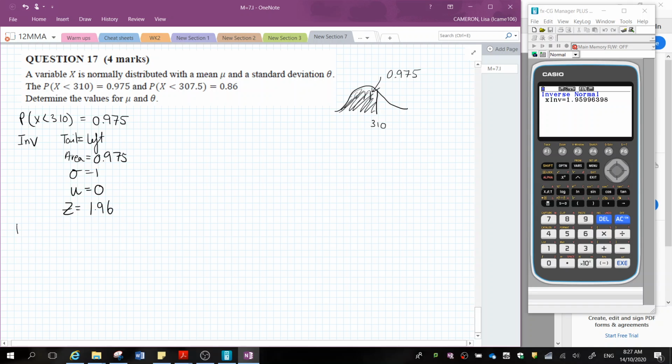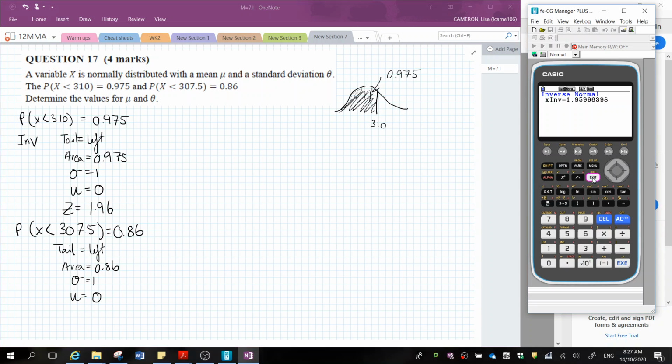Okay, now we're going to find the z-score of the second one. So a probability that random variable x is less than and up to 307.5, given that the area there is 0.86. So our tail again is going to be left. The area is going to be 0.86. Standard deviation is going to be 1, and the mean is going to be 0.